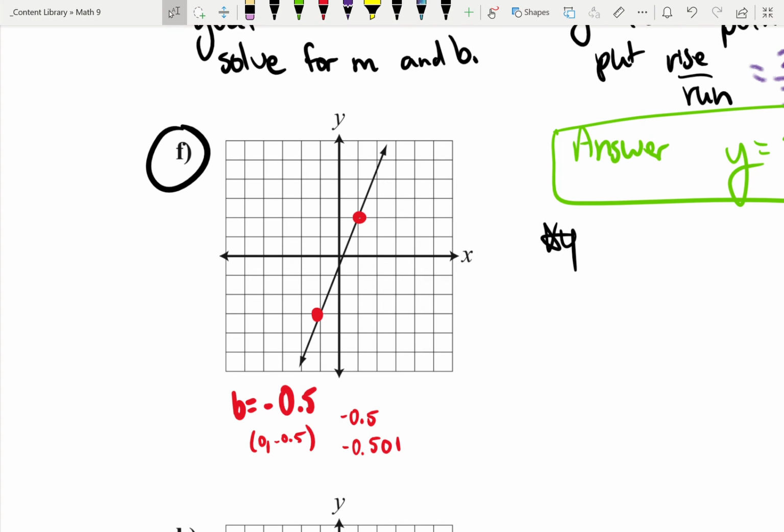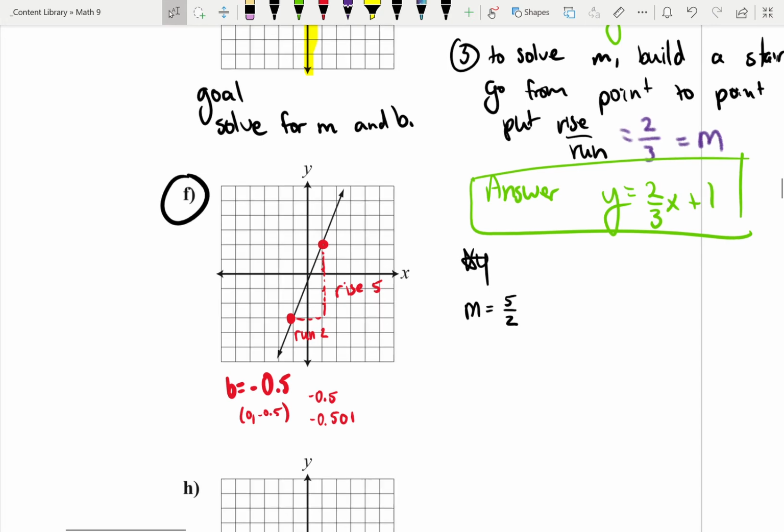So instead, I'm going to skip 2, and I'm going to look at my rise and my run. In this case, I only have 2 points, so I could keep going, but I'd have to extend my graph. In this case, I run by 2, and I rise 1, 2, 3, 4, 5. So in this case, my m is equal to rise over run, so 5 over 2.